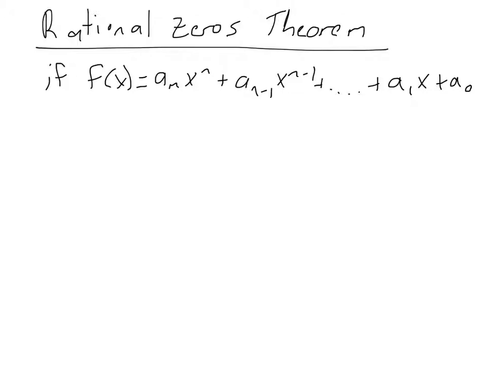So we have some polynomial function of some degree, we don't know what it is, where each coefficient is an integer. So all of the a's are integers.